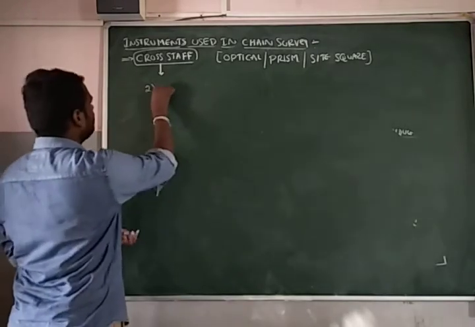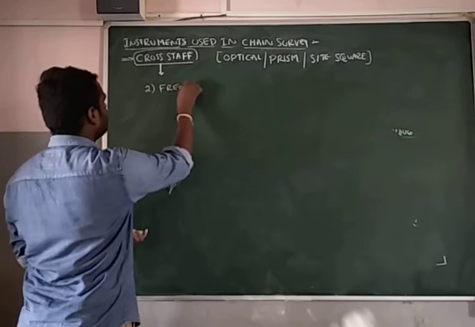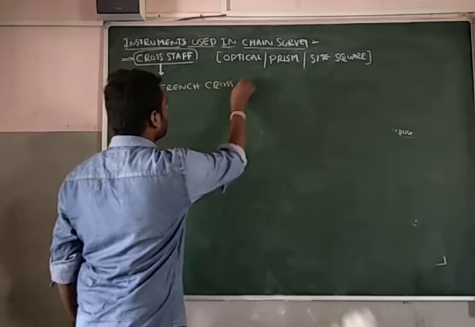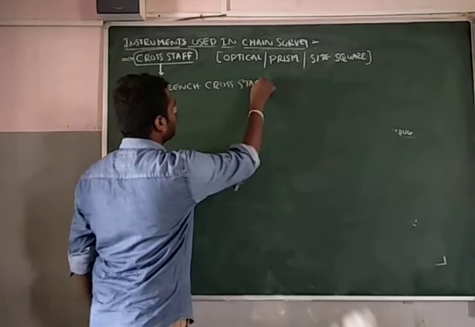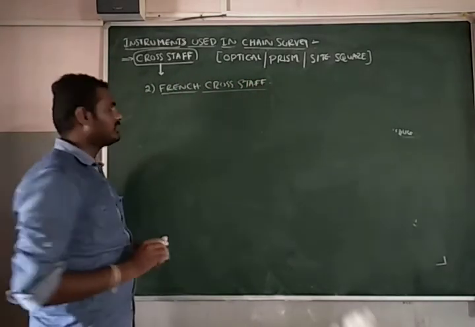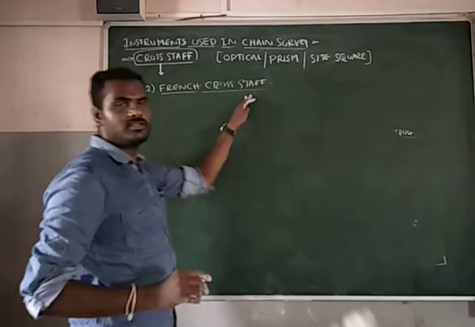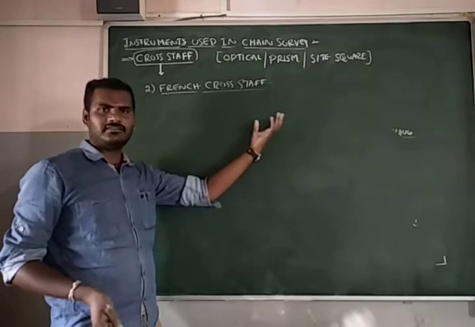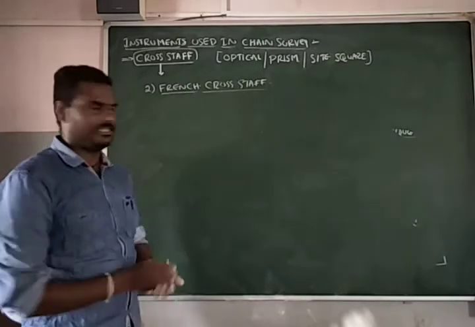Second one is the French cross staff. So this is really an excellent cross staff. By using the French cross staff, you can project either 45 degrees or 90 degrees.